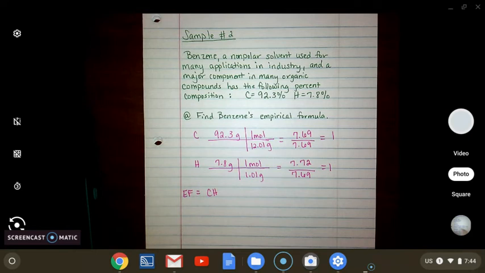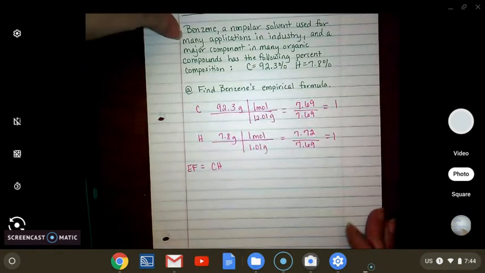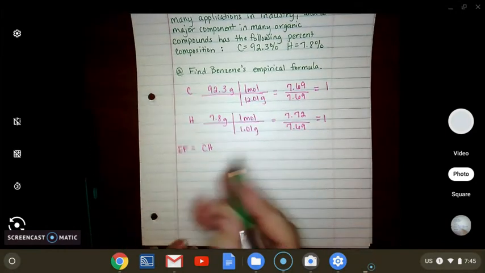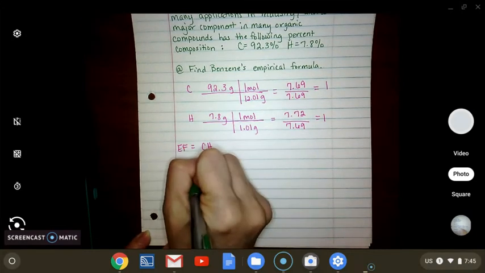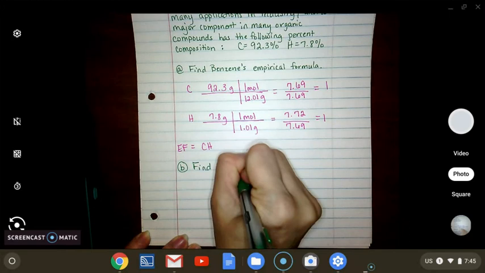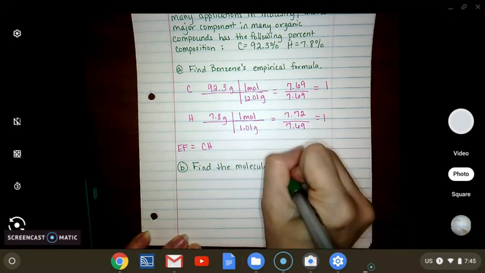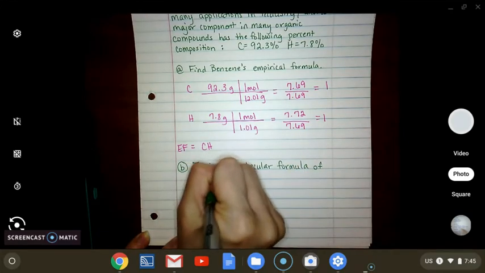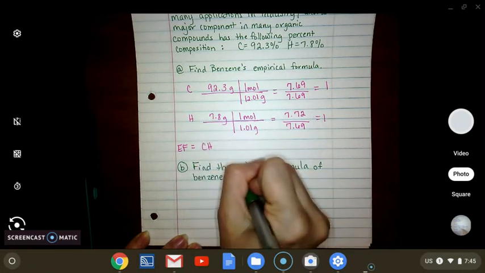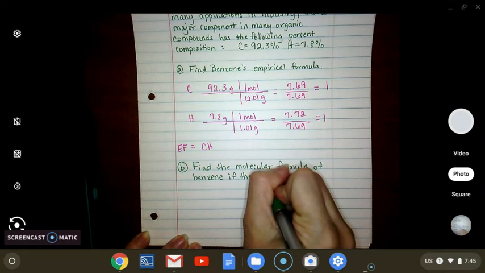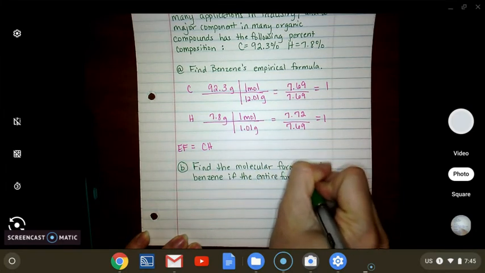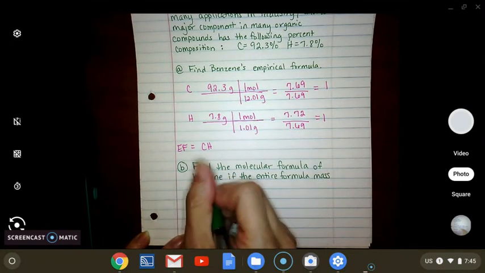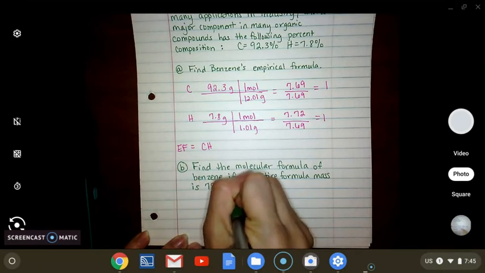All right, and then the second part of this question, which I didn't write down yet, is find the molecular formula of benzene if the entire formula mass is 78.12 grams.